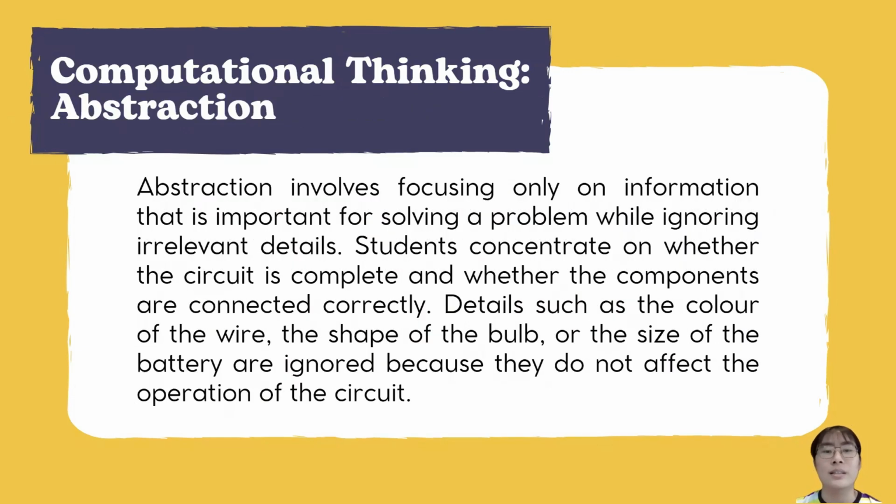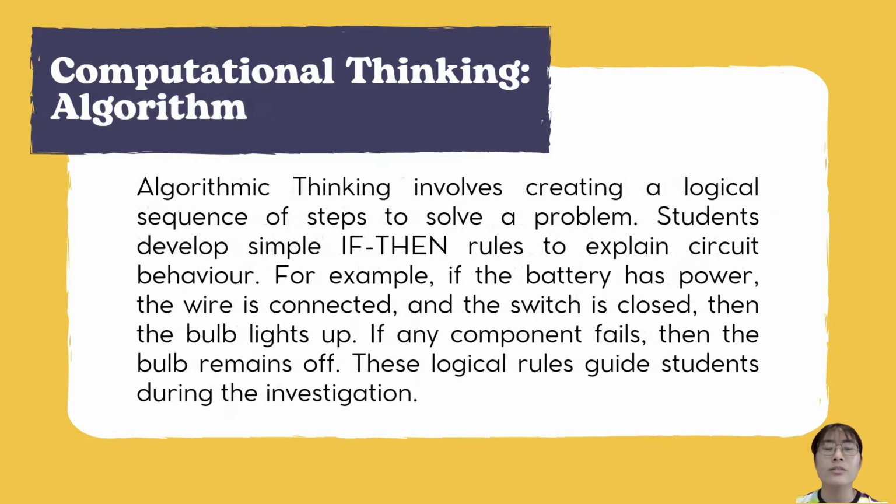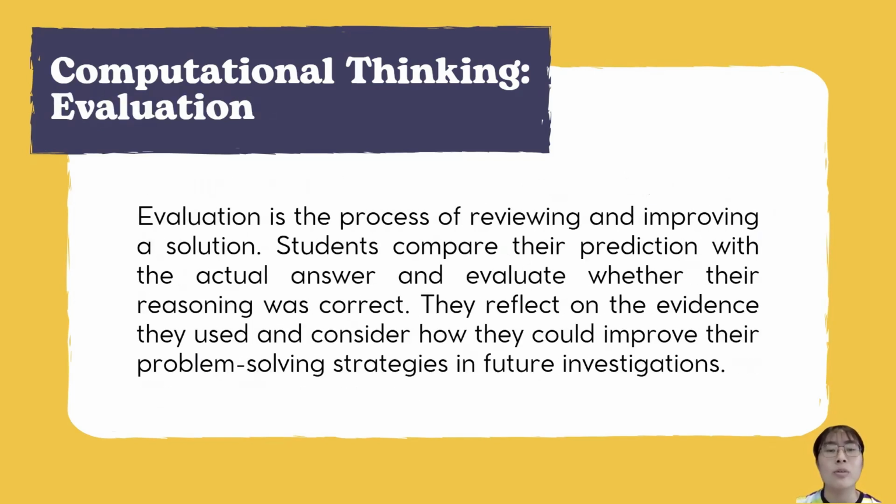Next, they apply abstraction by focusing only on the important clues while ignoring the irrelevant information. They also follow an algorithm by investigating the circuit components step by step. Finally, they use evaluation by deciding which component is faulty and comparing the answer with the teacher's explanation.